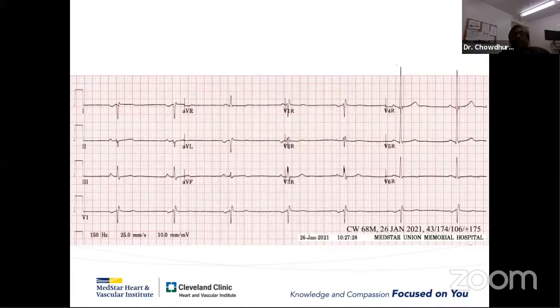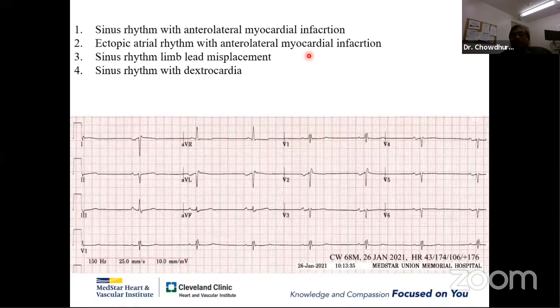So this is a tough one, because if you look at the precordial leads, you see dextrocardia. Then you get confused that this is a limb lead swap, but overall you still have to think about dextrocardia here.